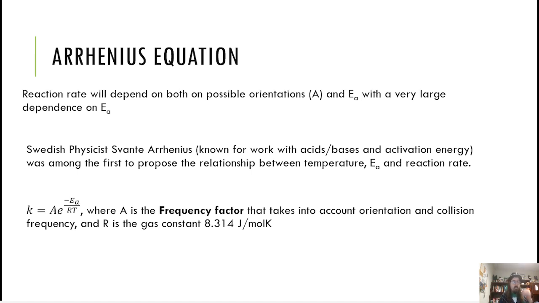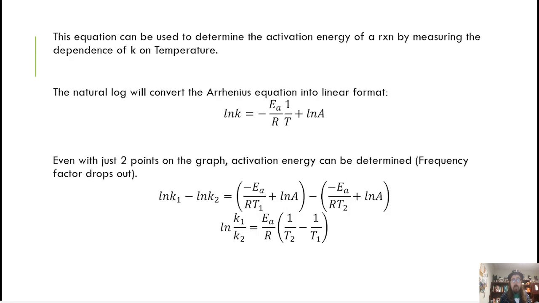Now activation energy is usually in kilojoules per mole, and R is in joules per mole, so we have to convert one of those. And A takes into account and gets the units right. However, that is not always a very convenient equation. So the more convenient version is to compare these two, and we're going to take a natural log of our equation.